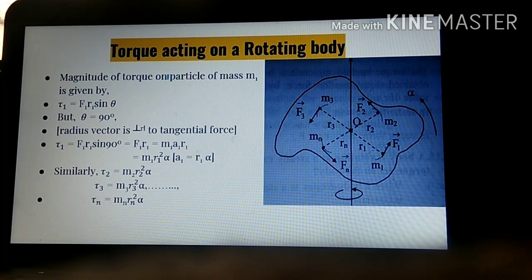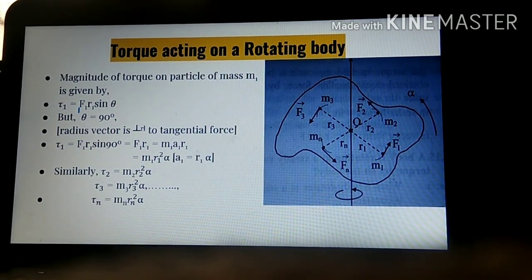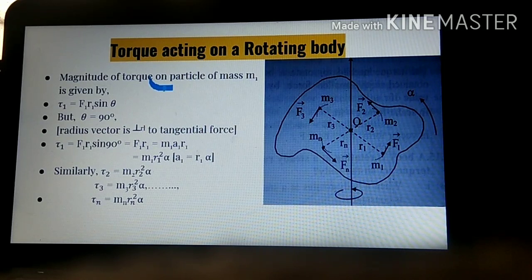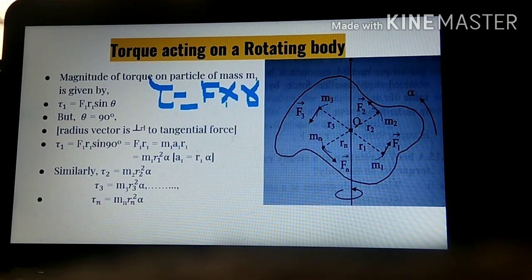But the magnitude of the torque can be given by this formula. Torque is a vector quantity, and it can be denoted as torque is equal to F cross R. Vector quantity means torque is a vector product. If we remove this cross product, then we will be getting F R sine theta. You will see the force is directed outwards and the radius is directed inwards.